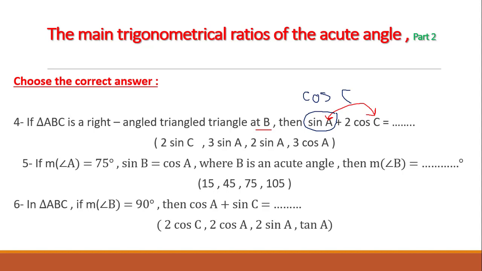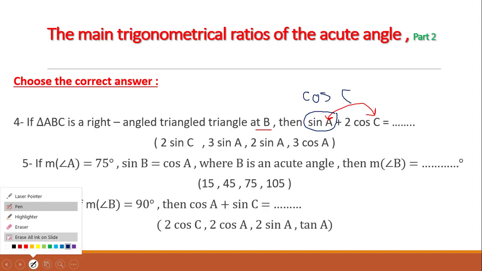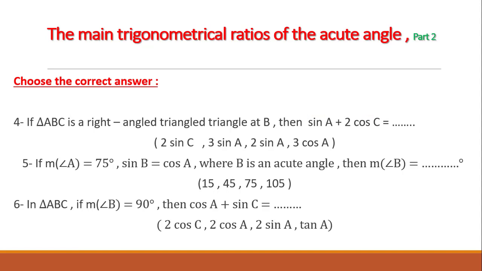Cosine C plus 2 cosine C equals 3 cosine C. Here we don't have 3 cosine C, so I'll try to write instead of cosine C, sine A. Sine A plus 2 sine A equals 3 sine A. So this is the right answer.